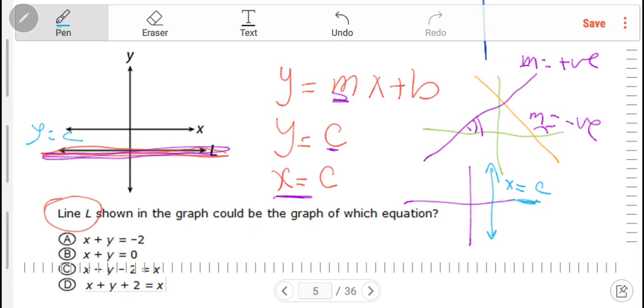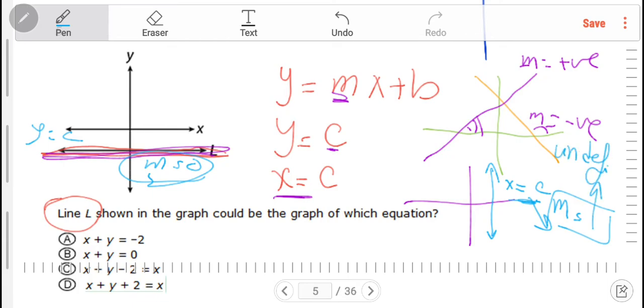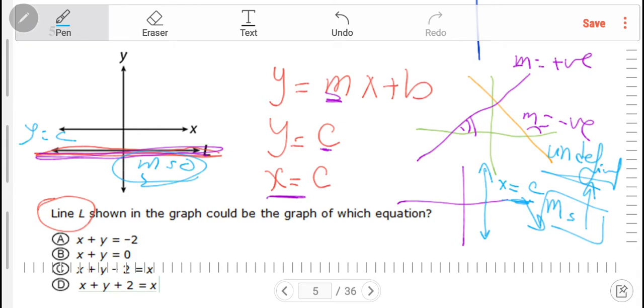For extra information, don't forget the slope of this line is zero. Again, the slope of this line must be equal to 0. And the slope of this line must be undefined. Understand?